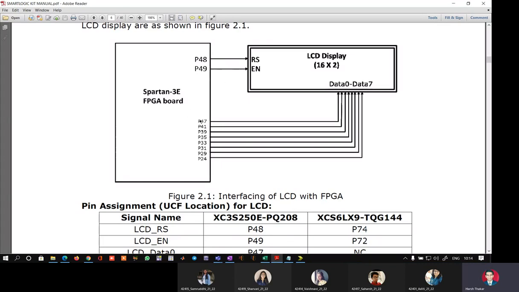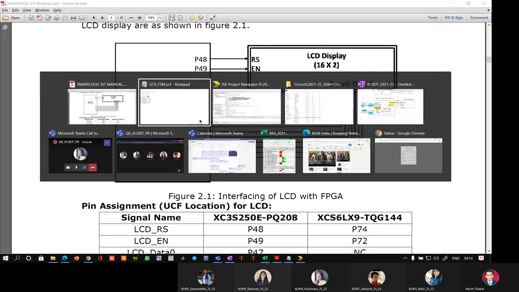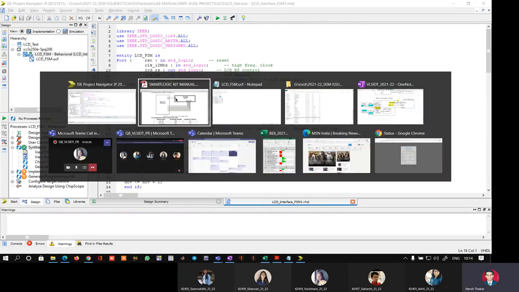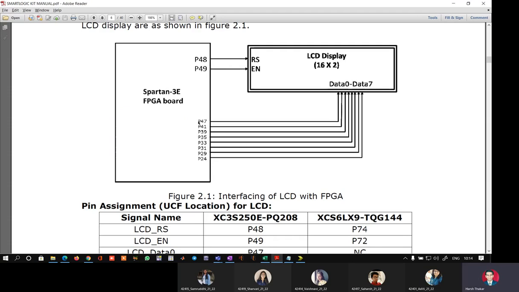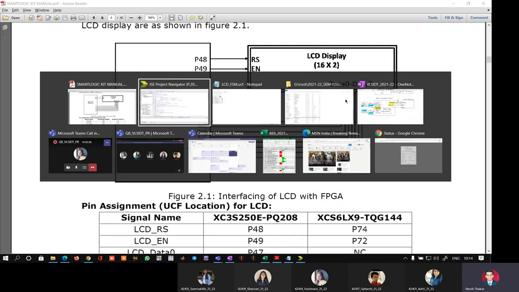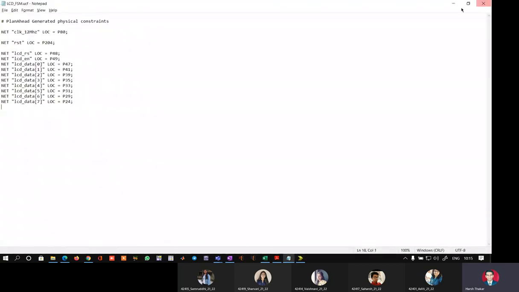Similarly, the ASCII codes for the characters which we want to display will be sent through the signal LCD underscore data, or through pin number 47 to pin number 24, to the data inputs of the LCD. I hope that the UCF file is crystal clear now.